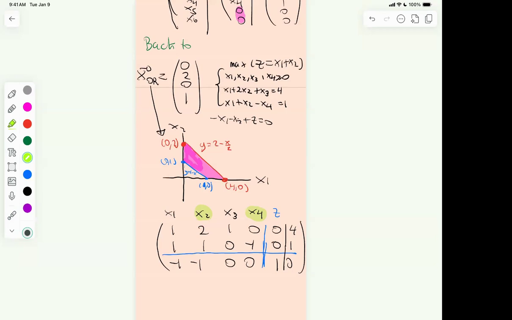How could you do that? For example, I could try to make a 1 here. I'll divide row 1 by 2, and I'll multiply row 2 by -1, because it's negative right now.